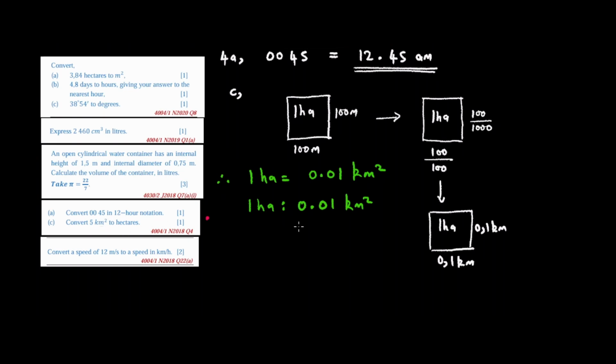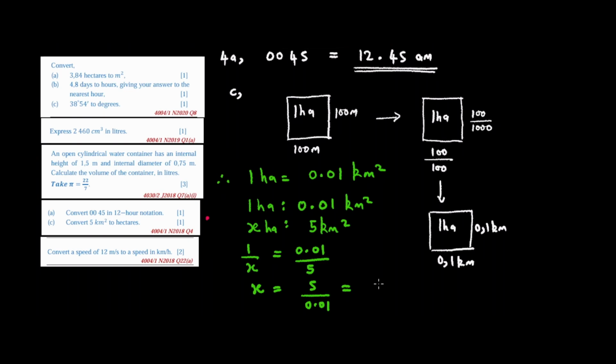Ndoda converta 5 square kilometers, saka dzenge dziri equal to x hectares. Kureva kuti 1 over x ari ma hectares is equal to 0.01 over 5 ari ma square kilometers. Cross multiplication inoreva kuti x ichazova equal to 5 over 0.01.